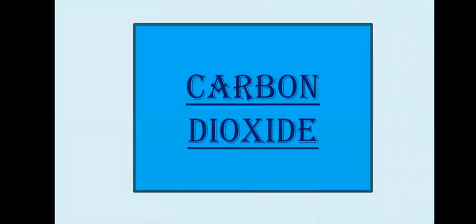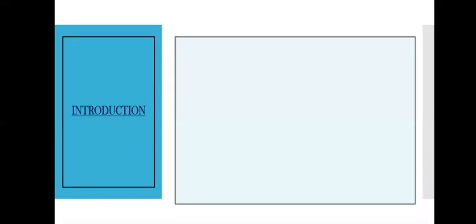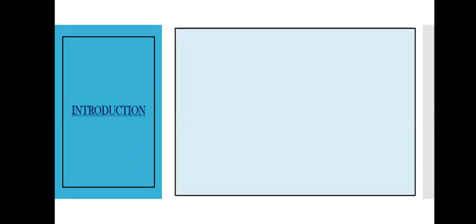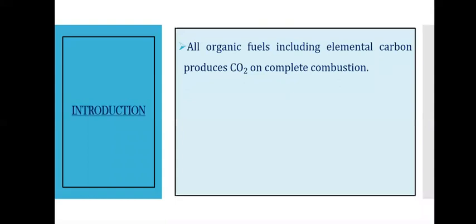So we begin, my dear friends, with respect to carbon dioxide. Whenever we start with a topic, obviously we start with the introduction of that. So here we start with the introduction of carbon dioxide. The first important point is all organic fuels, meaning obviously carbon containing, will produce carbon dioxide on complete combustion.